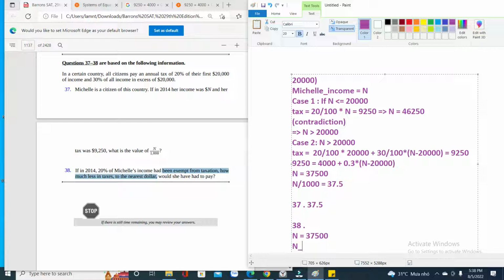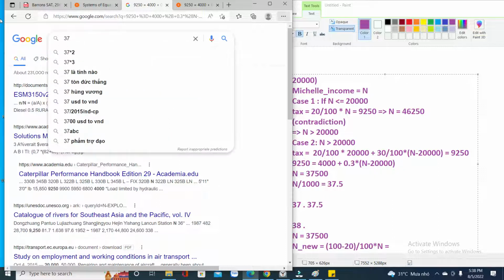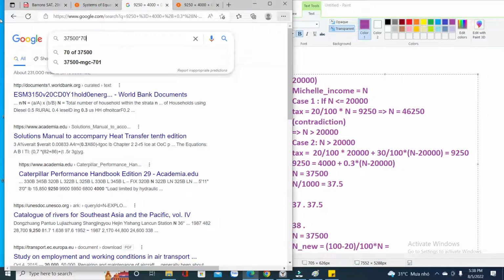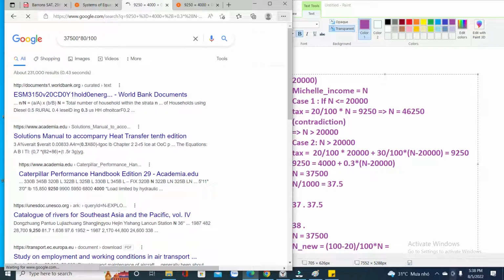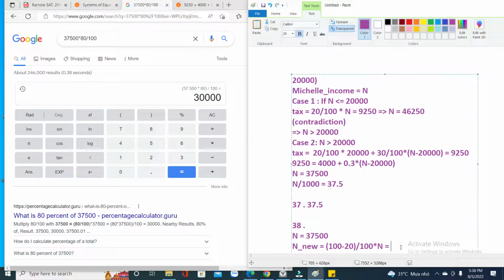So the new value for n is going to be 20% less, which is 100 minus 20 over 100 times the old value of n. So 37,500 times 80% is 30,000 only.